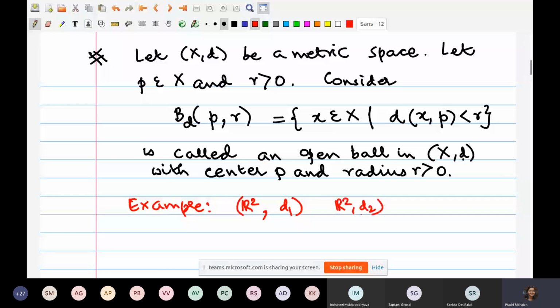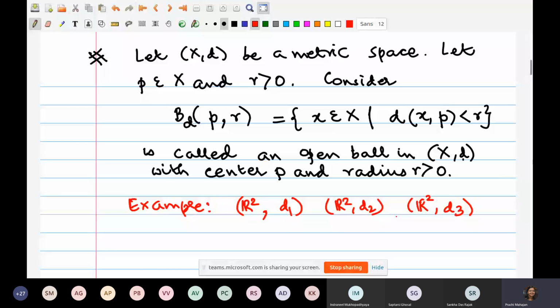I can also talk about R3, but I did not do that last time, so I'll just stick to R2. d1, d2, d3 were defined last time, three different metrics on the set R2.